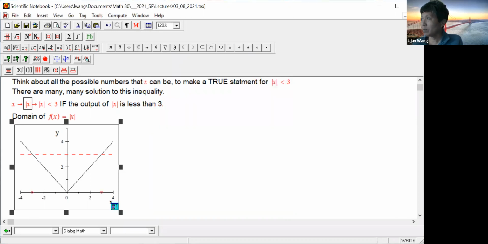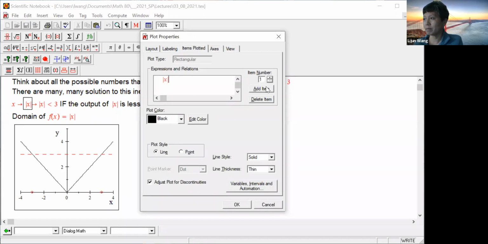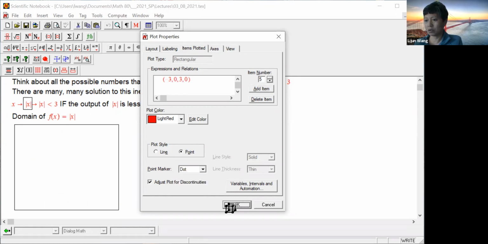So all the points in between, what are all the points in between? All of these points, I'm going to put the dots right there.